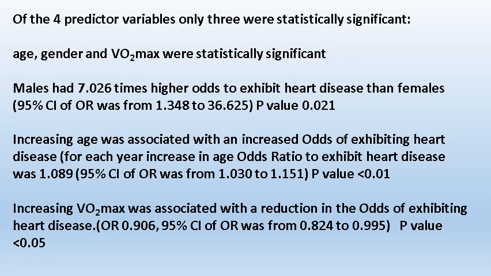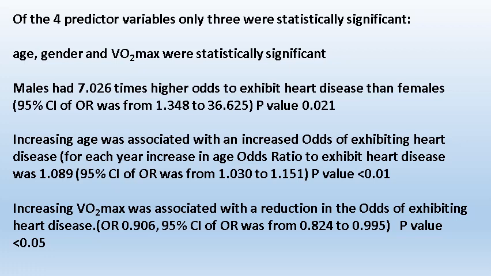And the 95% confidence interval of the odds ratio, in the table shown as exponential B, was from 1.348 to 36.625, and the p-value was also less than 0.05.